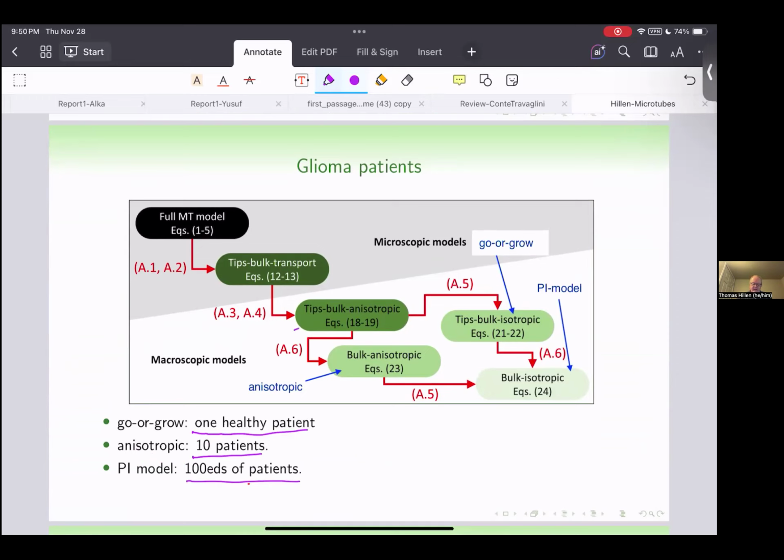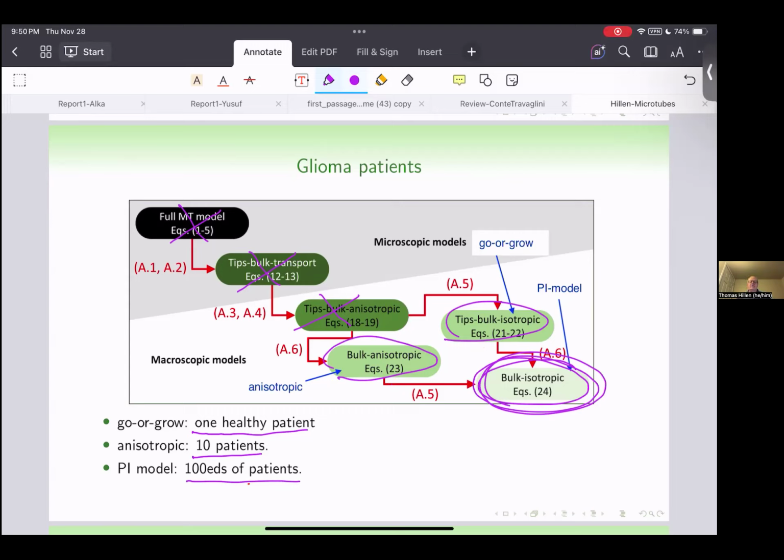So none of the other models has ever been used yet to model tumor data or patient data. Only these 3 have been used. Whereas this one, of course, is used most. And the anisotropic model for 10 patients and the go or grow model, not even for a sick person. So that's where we are at the moment.